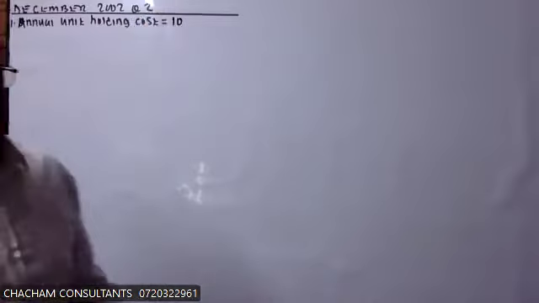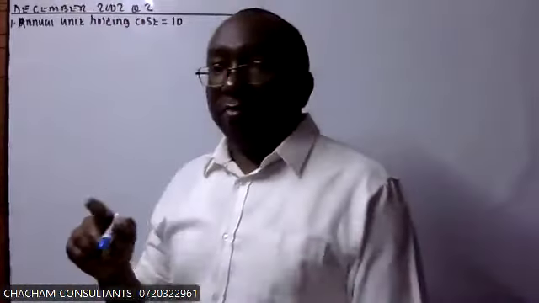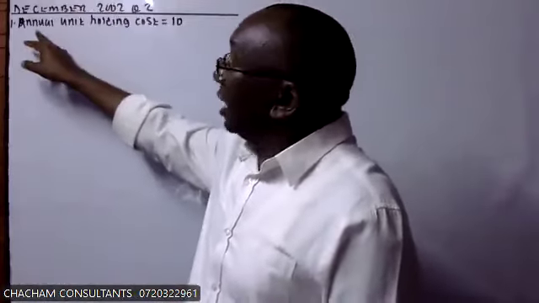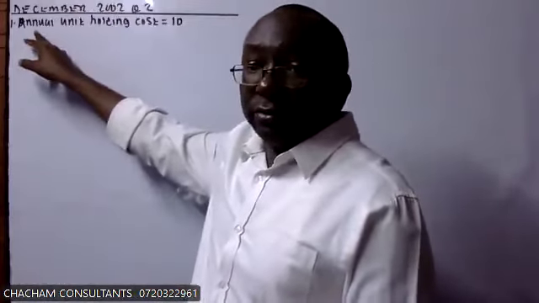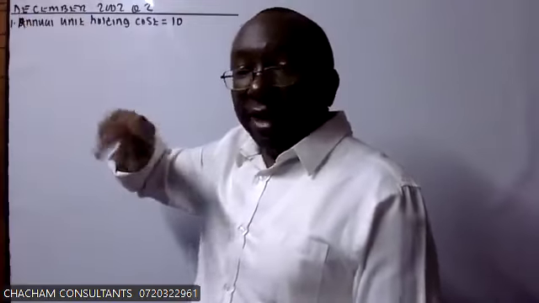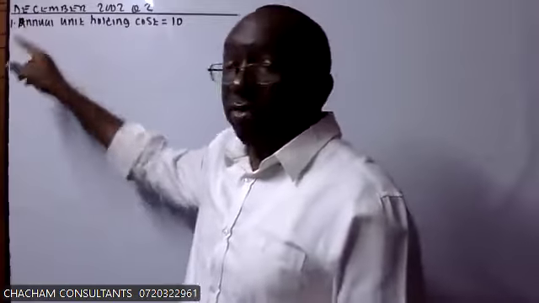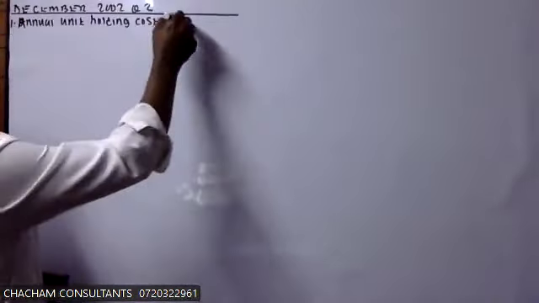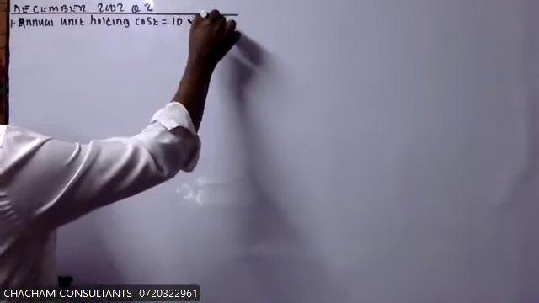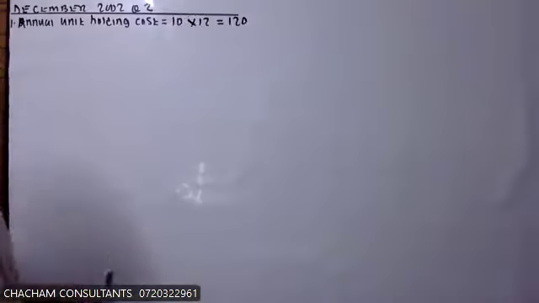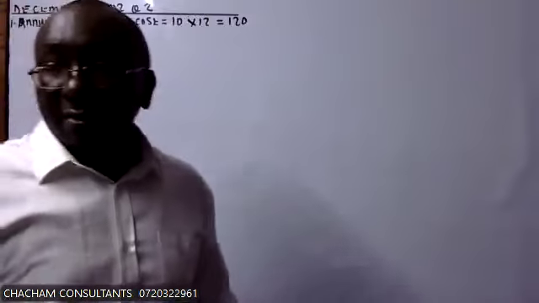Remember I told you that you must be very attentive to the measures of time being used. Here the measure of time is annual, but the examiner has given you per month. So you must make it annual. We know that 1 year has 12 months, so you convert it to 120.